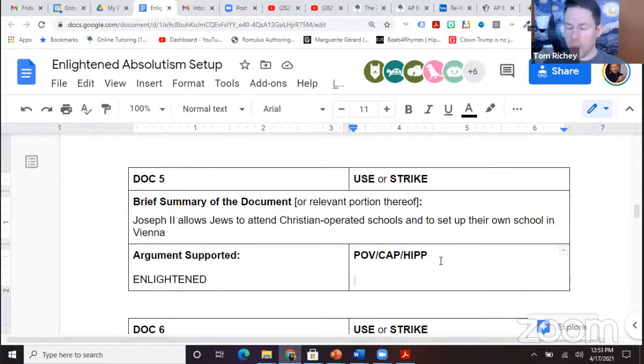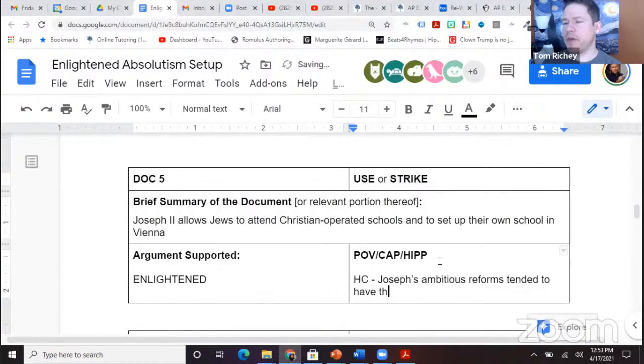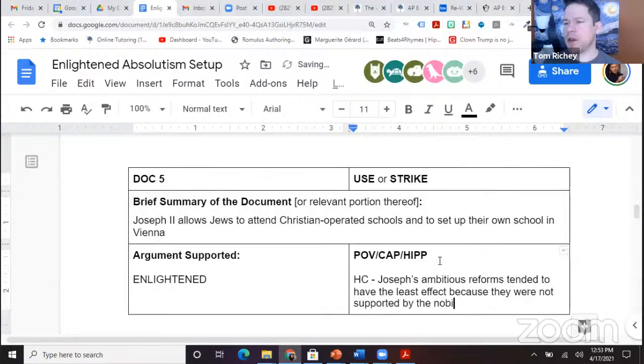But we could say here, one thing to note, if we were going into this historical context, is that Joseph's ambitious reforms tended to have the least effect because they were not supported by the nobility. That's something, if you've got something to throw in there.